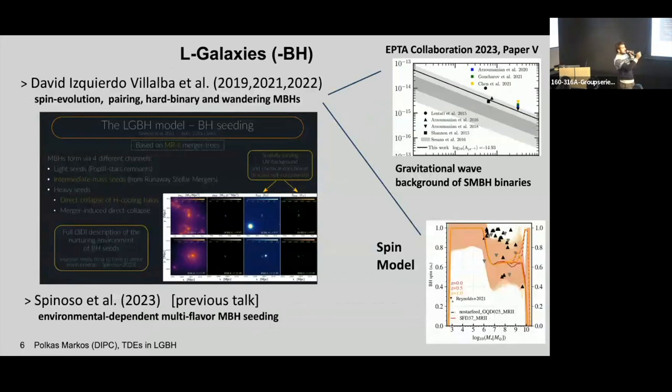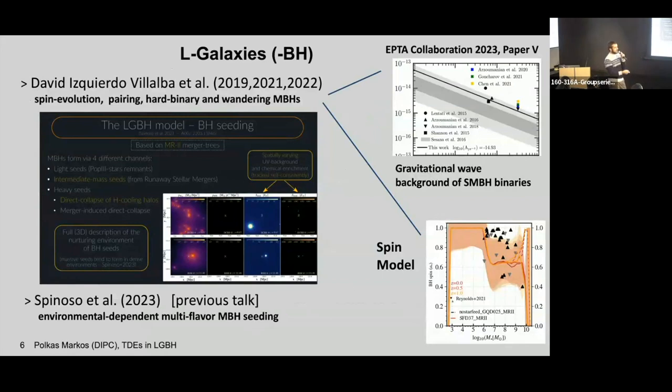I will just stress that we're using the high resolution Millennium 2 box, which is 100 megaparsecs, and that the spin we get compared to Millennium 2 converts to a median value of 0.6 for massive enough black holes, because essentially they average out when they accrete from different directions.